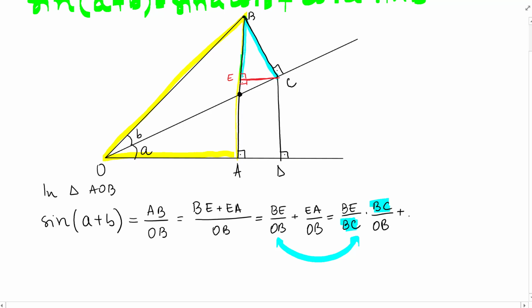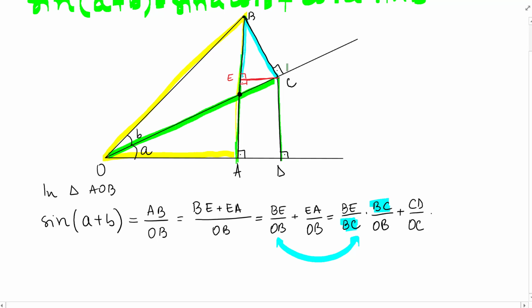EA, well, instead of this side, EA, I'm going to write CD, because EA and CD are equal to each other, over OC. And why choose OC?